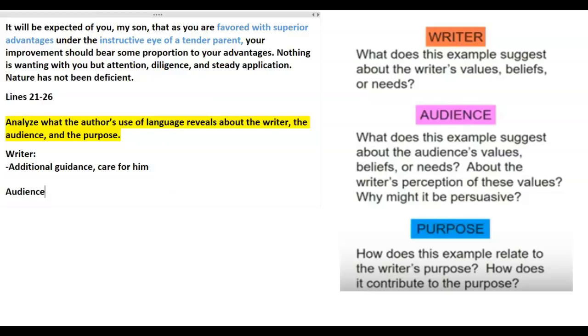And for the audience, the question is, what does this example suggest about the audience's values, beliefs, or needs, about the writer's perceptions of these values? Why might it be persuasive? We note that she's already told him you are experiencing superior advantages. So he is experiencing privilege and safety while abroad.